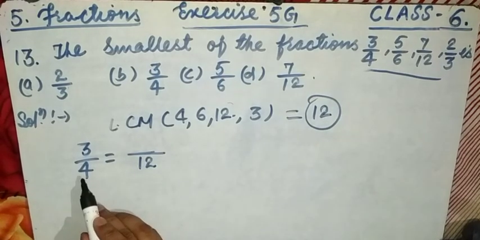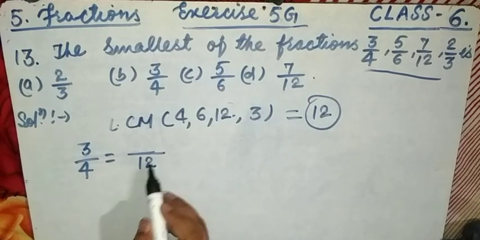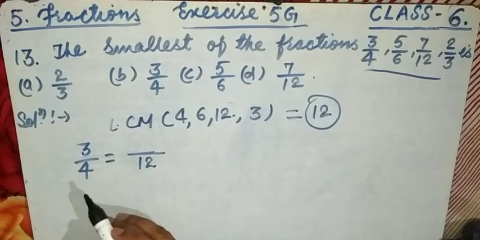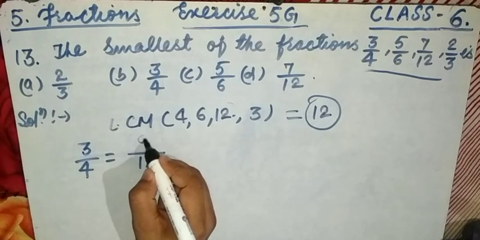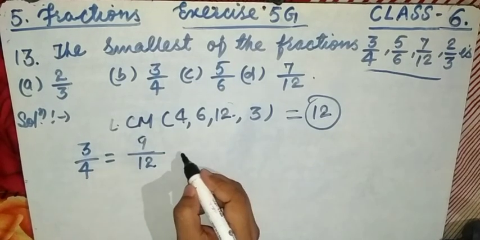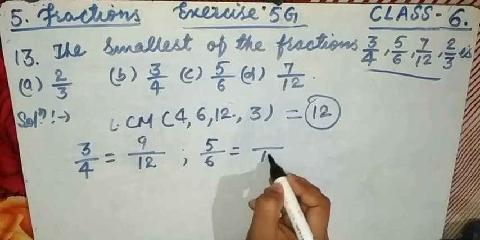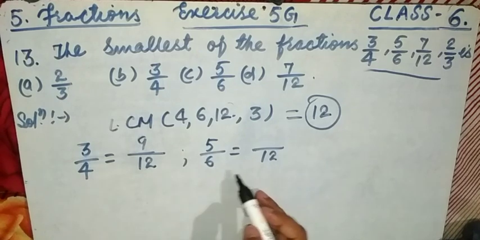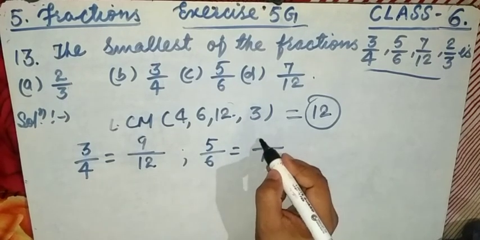For 3 by 4, divide 12 by 4, which is 3, and 3 multiplied by 3 is 9. Now similarly, 5 by 6 can be written with the denominator 12. Divide 12 by 6, which is 2, and 2 multiplied by 5 is 10.